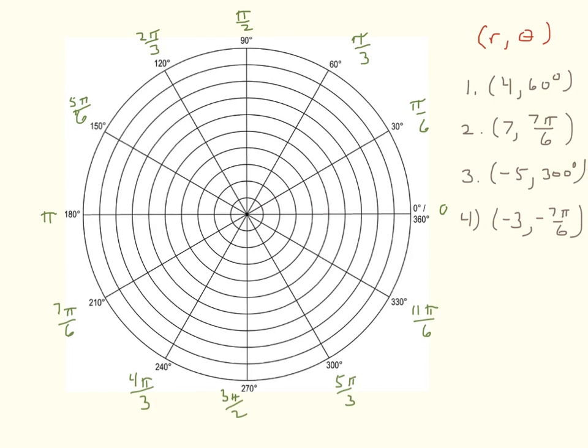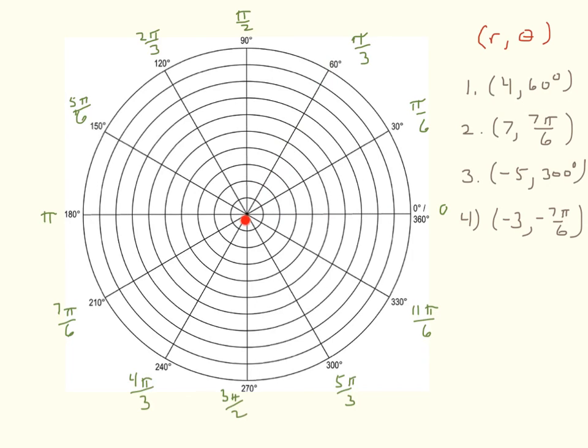So in this first one, I want to graph the point 4, 60 degrees. So what I have to do is imagine myself on the pole. I am staring off in this direction. And now I'm going to rotate 60 degrees. So now I'm at the pole, staring right down towards that 60.